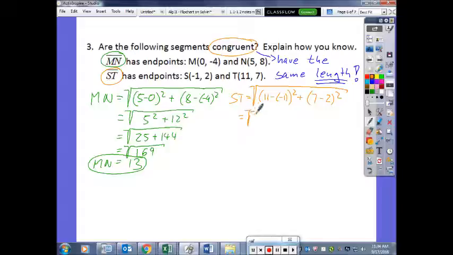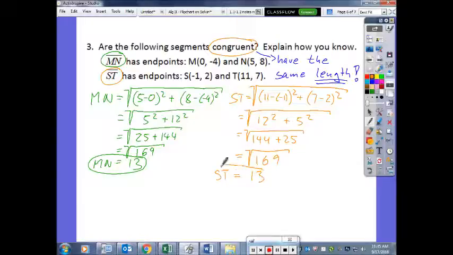In other words, it is equal to the square root of 12 squared plus 5 squared, which is equal to the square root of 144 plus 25. This is the square root of 169, and ST is therefore also 13.